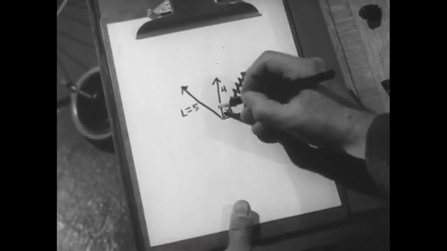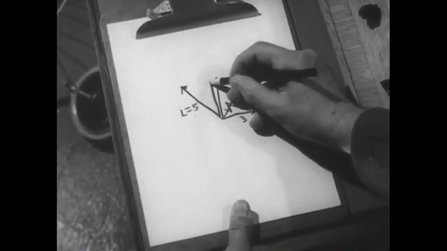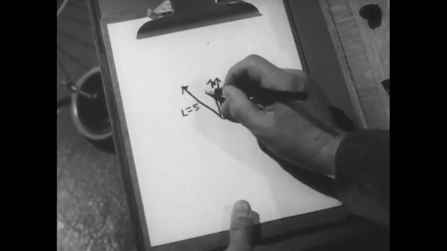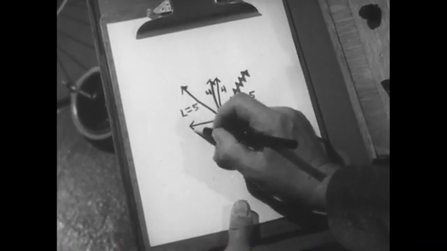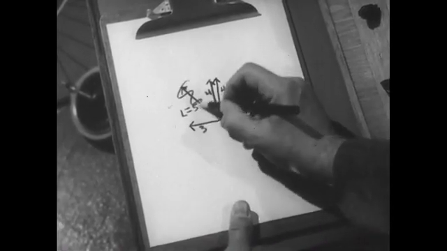And the same for the second vector. 4, 3.